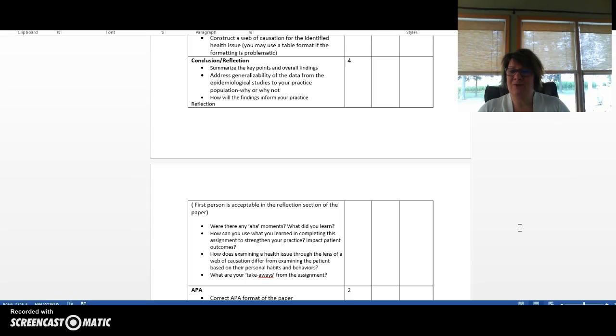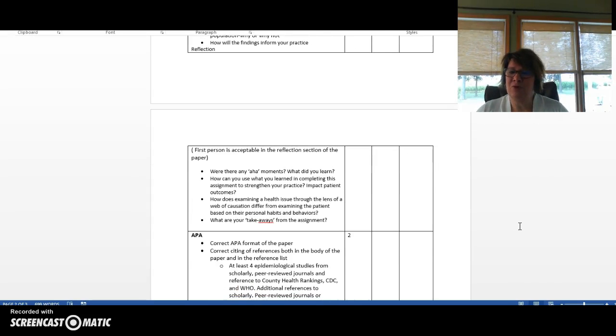And of course, we do reflections, so we want to think about our thinking and think about what we've learned as well. So you want to include any aha moments that you may have had, what you've learned through the process. So just let me know if you have any particular takeaways from the assignment as well.